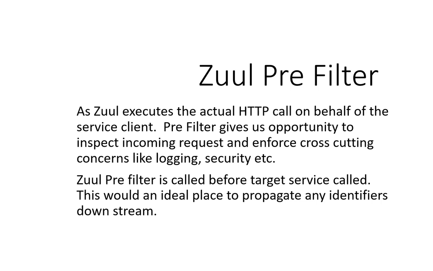For example, imagine service A is calling service B. Before Zuul calls service B on behalf of service A, it can inspect the incoming request with the pre-filter. This is useful if you want to inspect the incoming request, or maybe propagate some kind of ID downstream, for logging, some kind of correlation, those kinds of things.